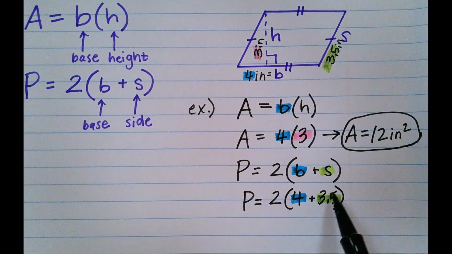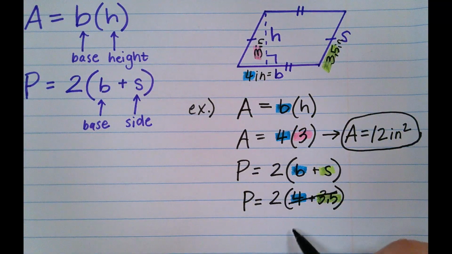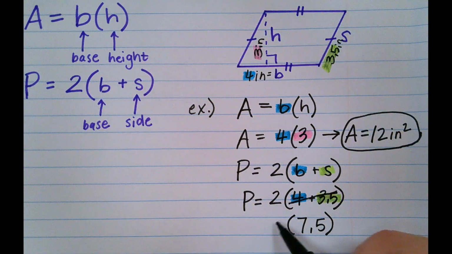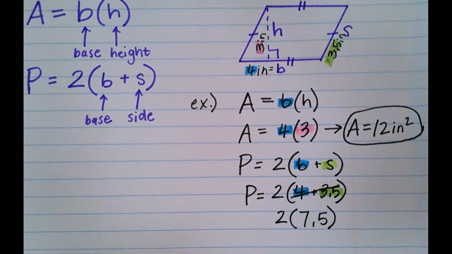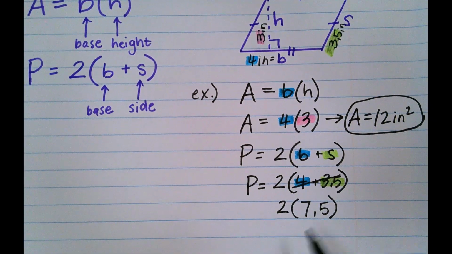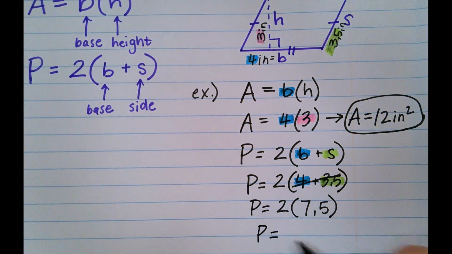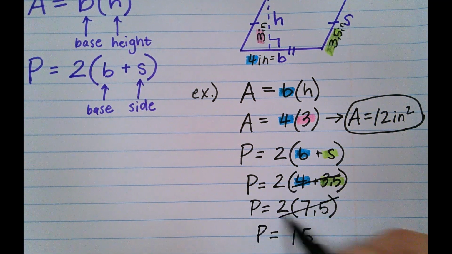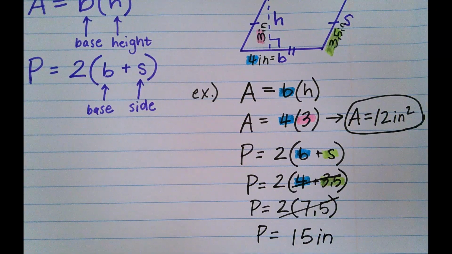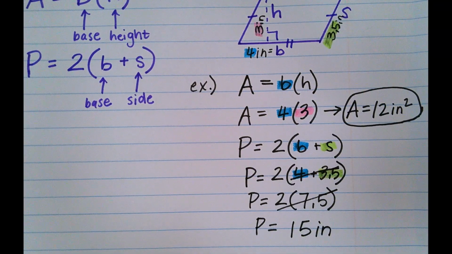Yeah, we can start by adding 4 plus 3.5, and that gives us 7.5. Bring down my 2, and that gives us a perimeter of 15 inches. So we can do it that way.